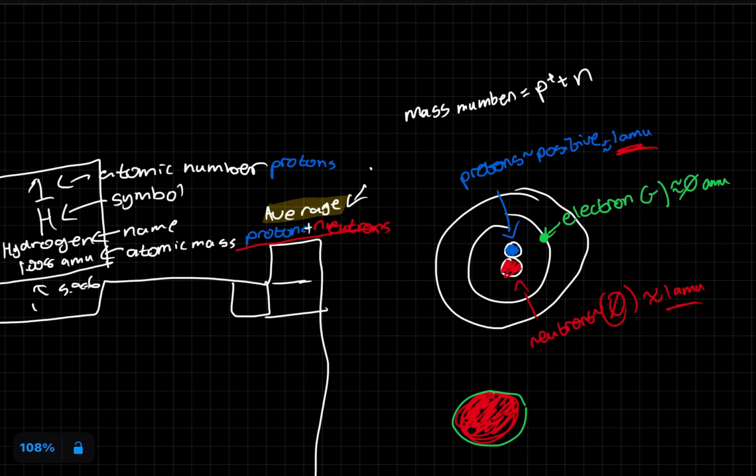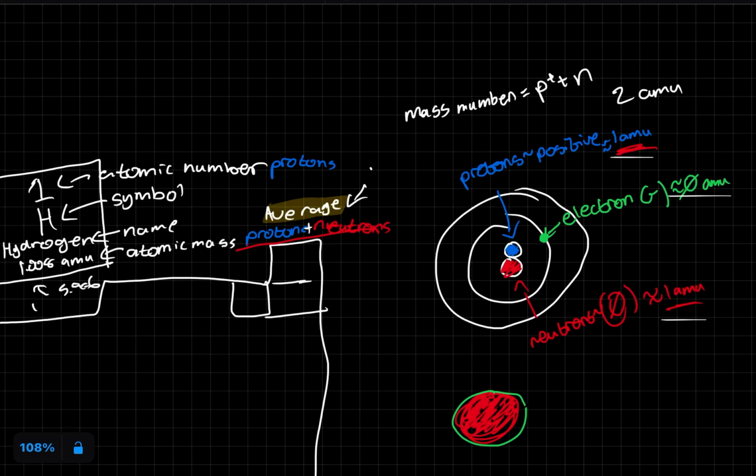So for example, this particular isotope of hydrogen, and I'll talk shortly about what an isotope is, has a mass number of 2 AMU, because 1 AMU plus 1 AMU is 2 AMU. And again, we're not counting the electrons because they're roughly 0 AMU, and that's not really important.